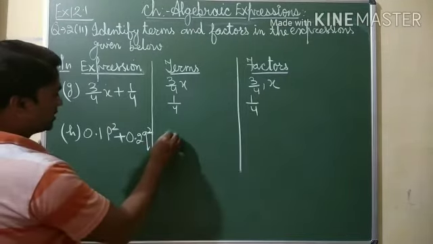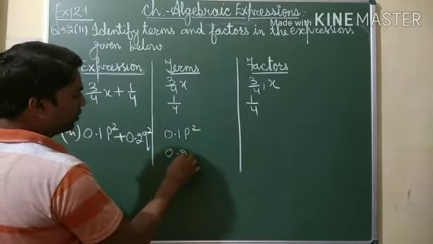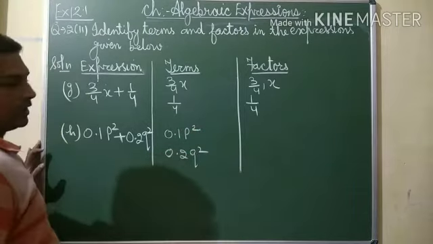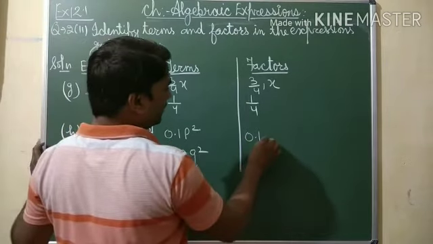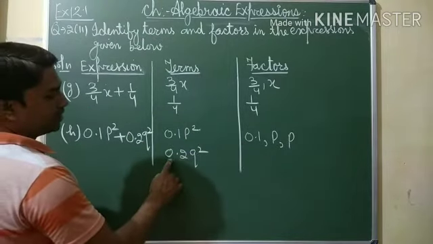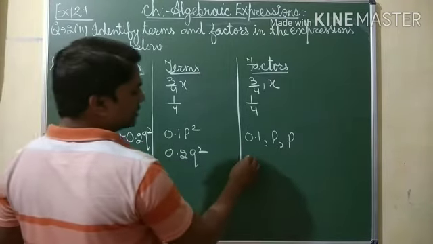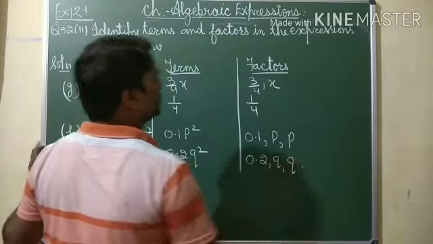Now this expression contains the terms 0.1 p square and 0.2 q square. Now factors of term 0.1 p square be 0.1 comma p and factors of term 0.2 q square be 0.2 comma q comma q.